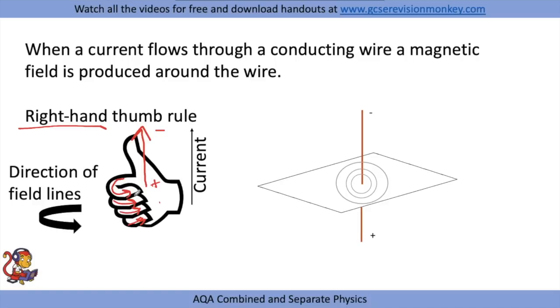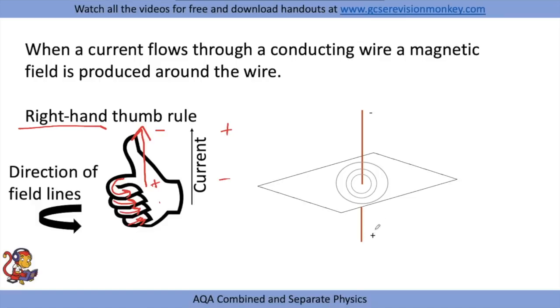So if you make a fist and a thumb with your right hand, the thumb would show the direction of current, so in this case we could do positive to negative, and your fingers would show the direction of the field lines. If the current is flowing in the other direction, you simply turn your thumb upside down and that will show you the direction of the field lines depending on where your fingers curl into your palm.